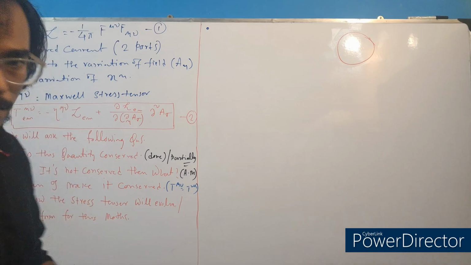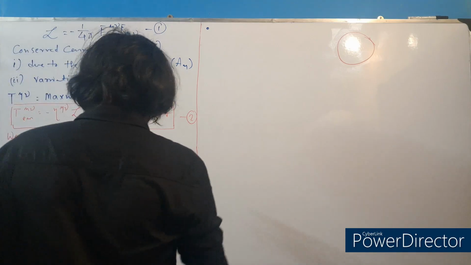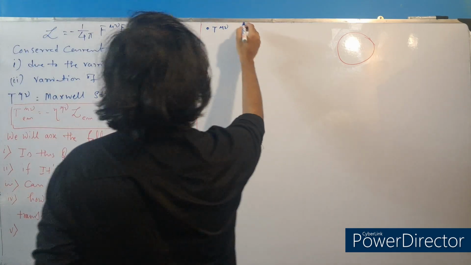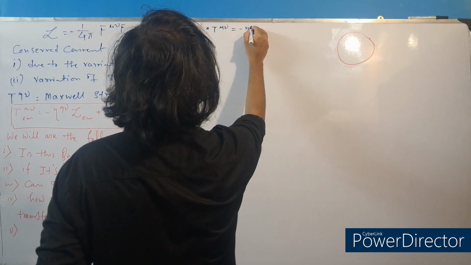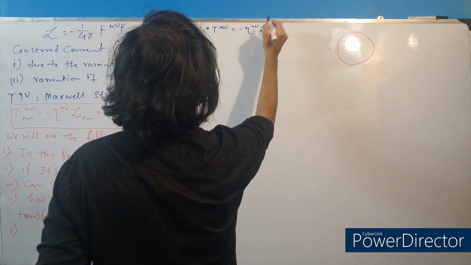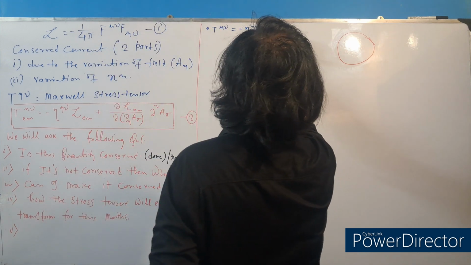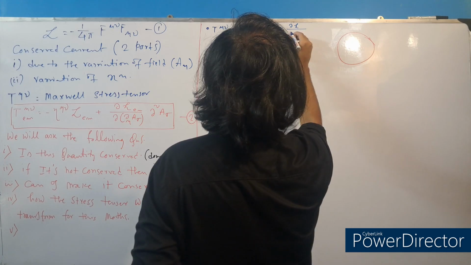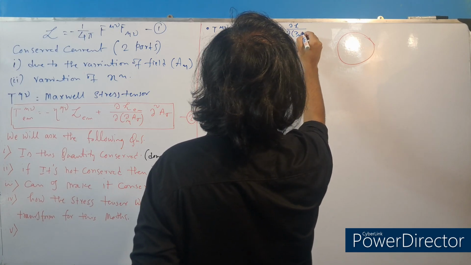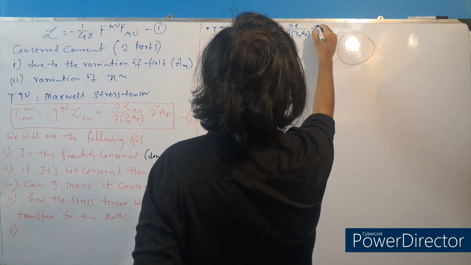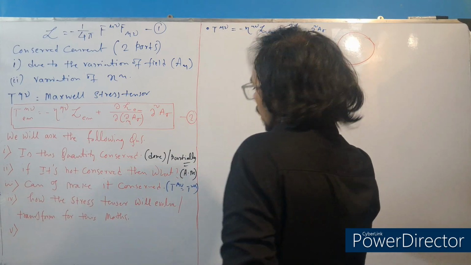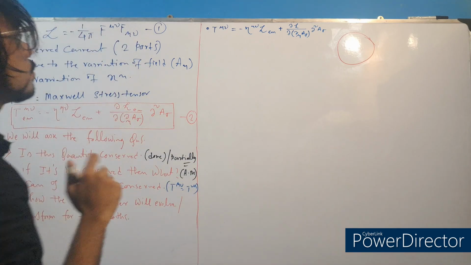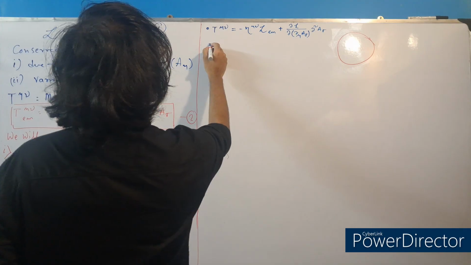I will try. Okay, so let us start. We know that our T mu nu is minus eta mu nu L_EM plus del L by del of del mu A sigma, del mu A sigma. We have seen this already, but here we will make some changes.